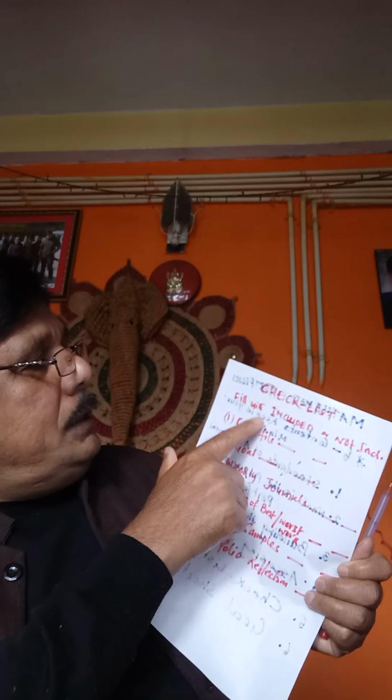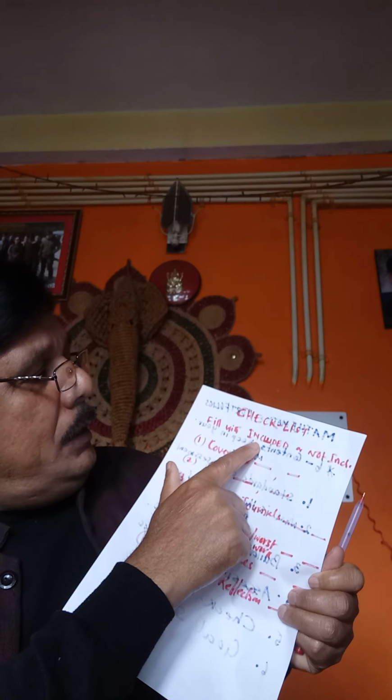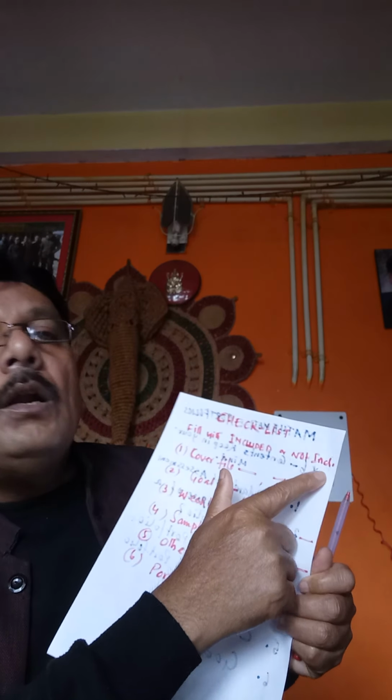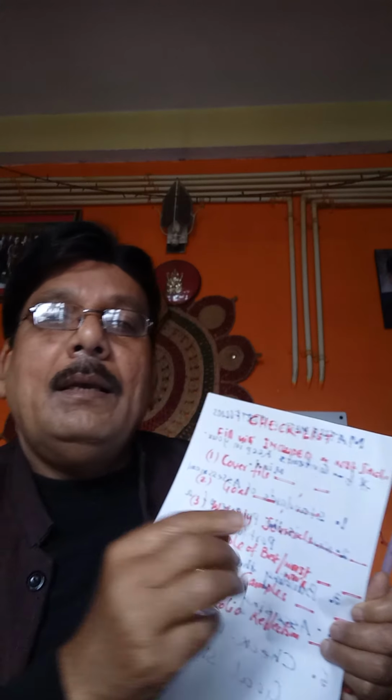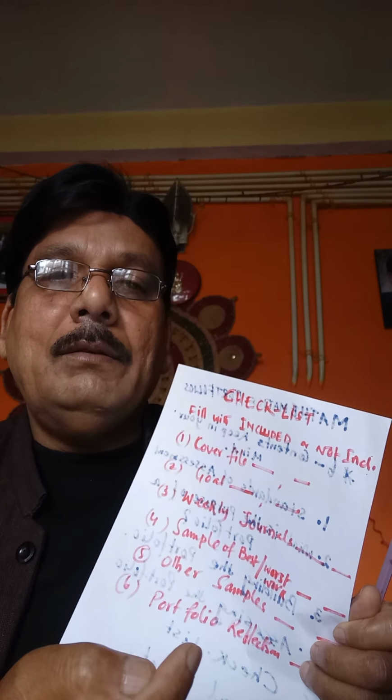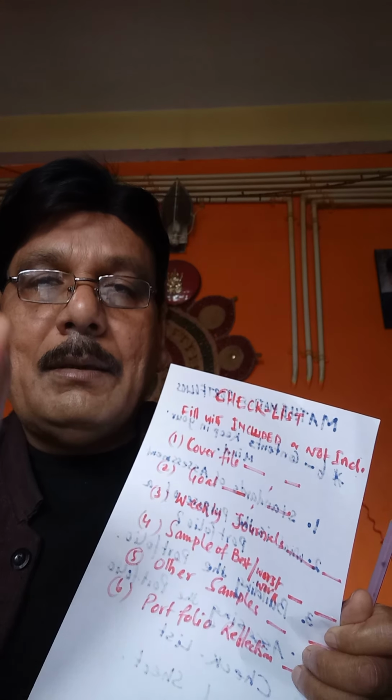In this checklist, students will fill in included or not included. If something is included in their portfolio, they will write included. If some material is not included, they will write not included.